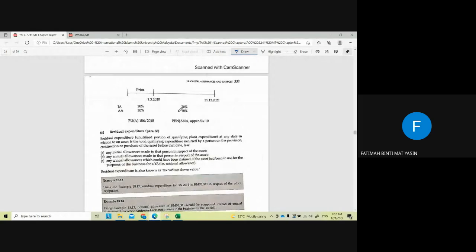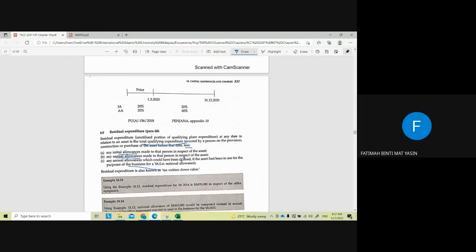So we have actually finished discussing the initial allowance and annual allowance. Now we are going to move to residual expenditure. Residual expenditure at any date in relation to an asset is the total qualifying expenditure incurred by a person on the provision, construction or purchase of the asset before the date, less any initial allowance made to that person in respect of the asset, any annual allowance made to that person in respect of the asset, and any annual allowance which could have been claimed if the asset had been used for the purpose of the business for OIA.